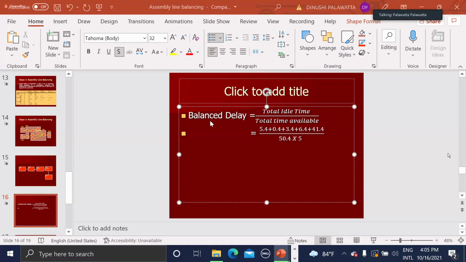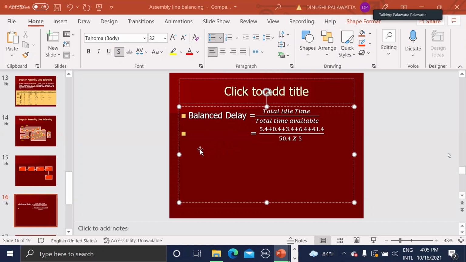Tasks are divided to 5 workstations based on workstation time. The maximum allowable time for a workstation is 50.4 seconds. And then we have to allocate these tasks to workstations within the 50.4 seconds without violating the precedence.